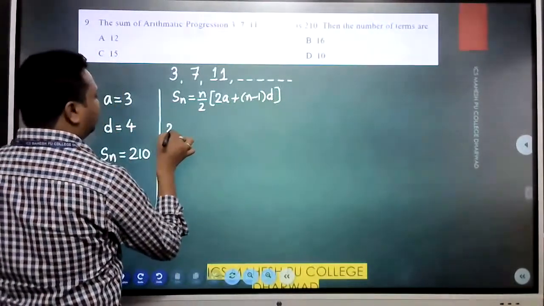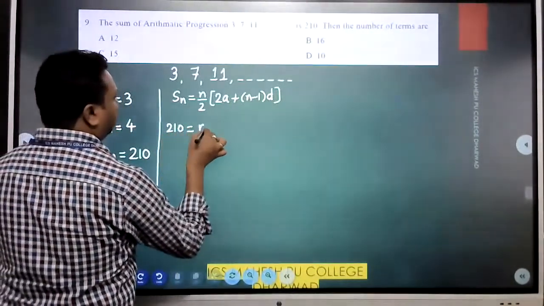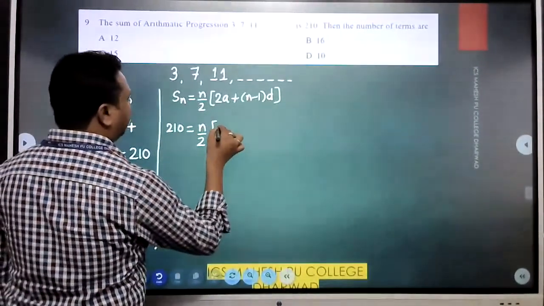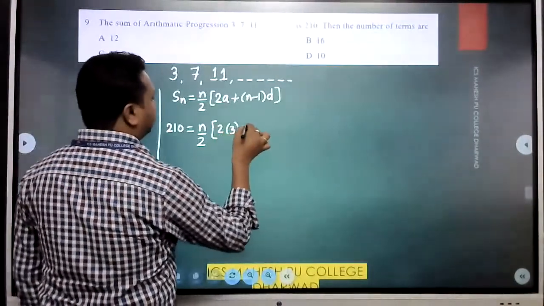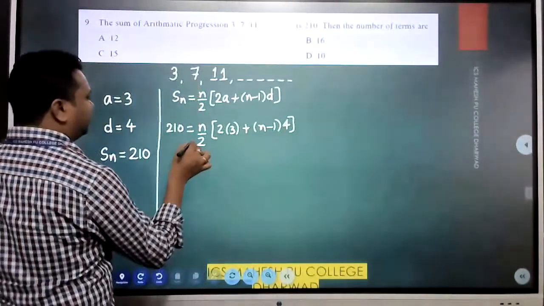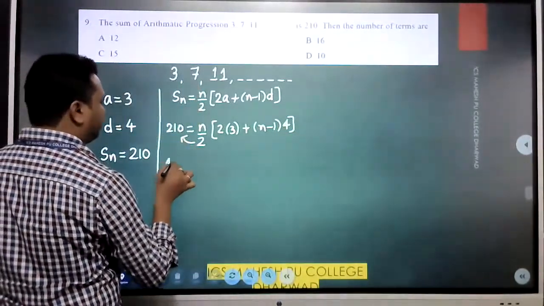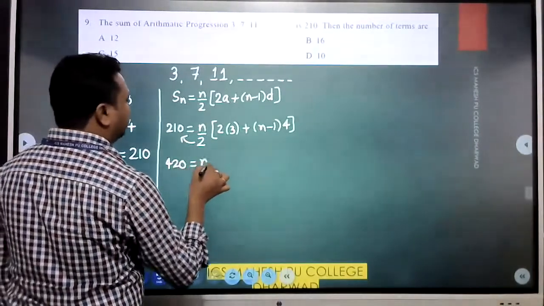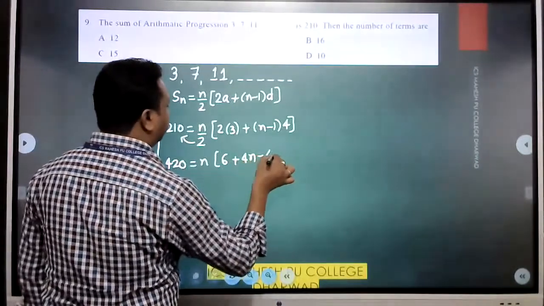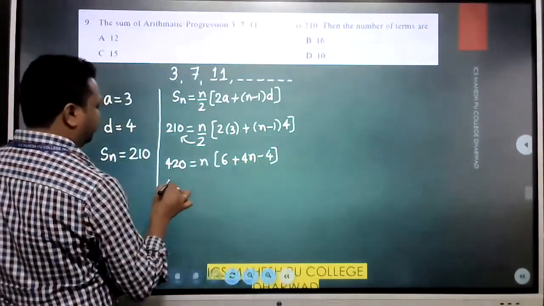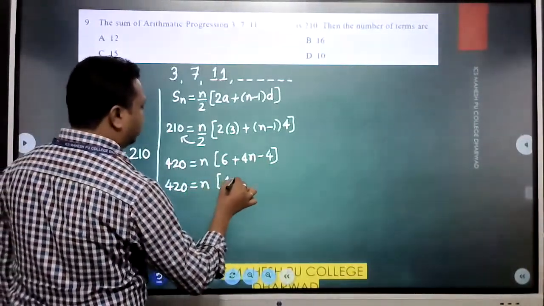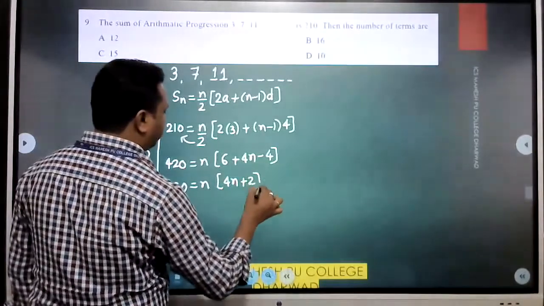Now substitute the values. 210 is equal to n divided by 2 into (2 into 3 plus (n minus 1), and the common difference we all know is 4). Now taking 2 to the LHS, that becomes 420, and n into (2 threes are 6 plus 4n minus 4). 420 equals n into (4n plus 2), since 6 minus 4 is plus 2.